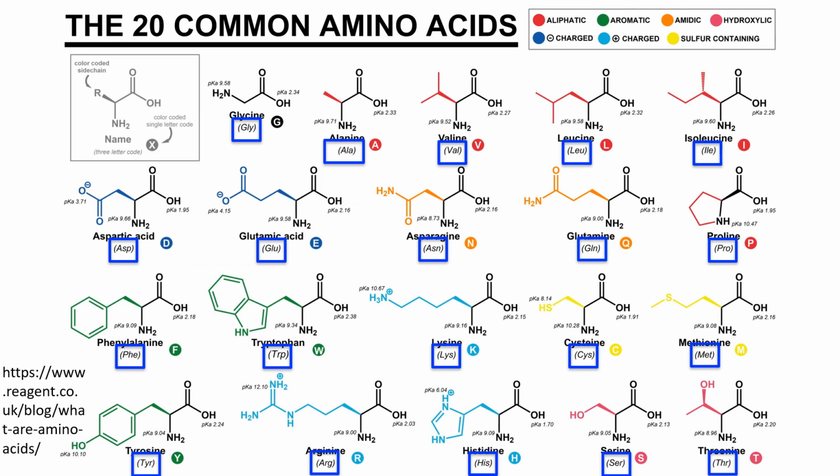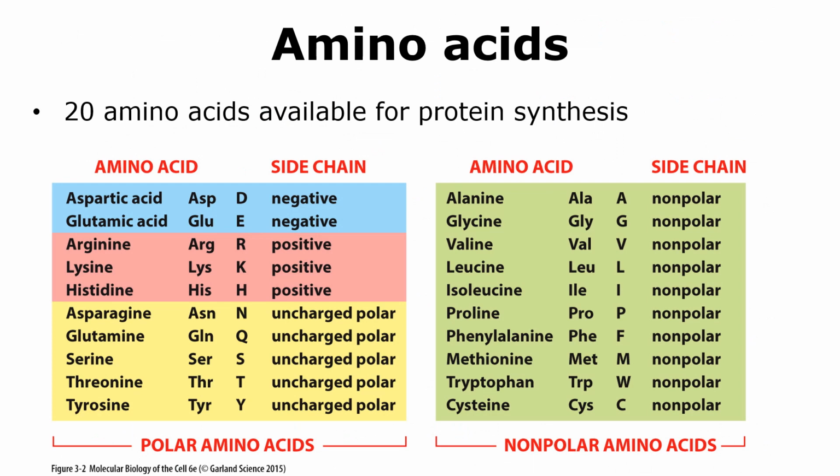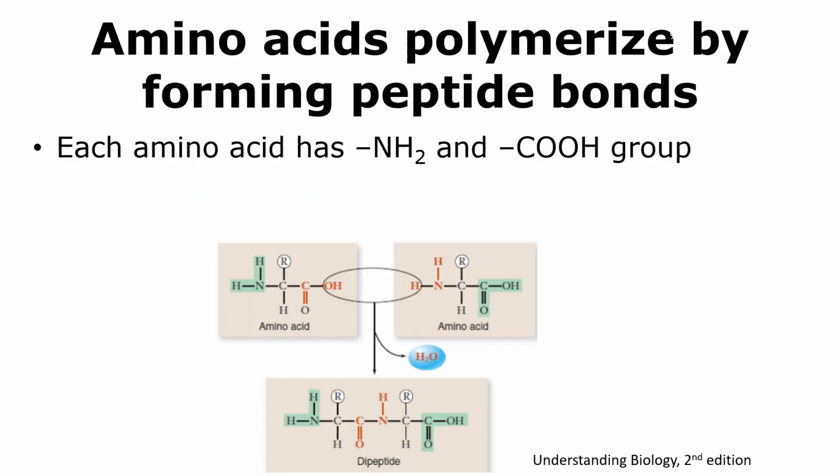Additionally, every amino acid has a single letter code that can also be used to represent its name. In this table, we can see all the 20 amino acids assigned into different groups based on their side chains, along with their 3-letter codes and 1-letter code.